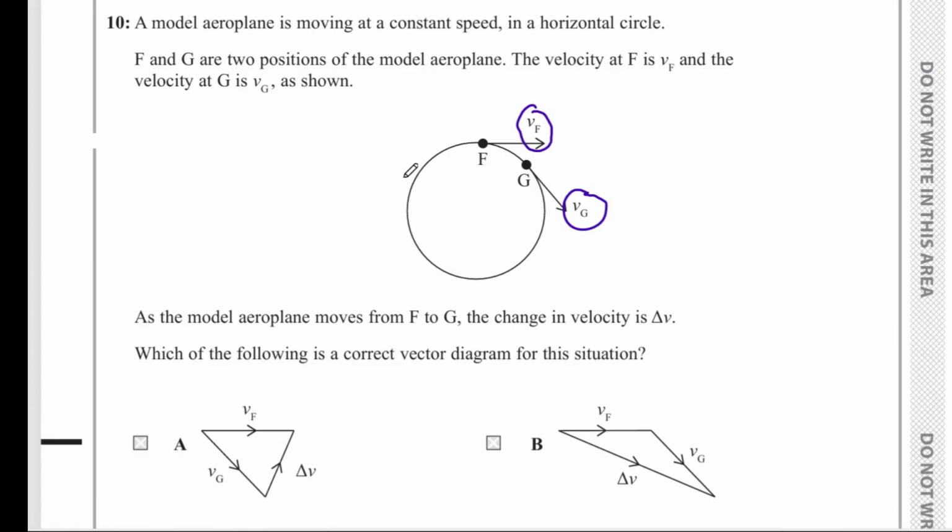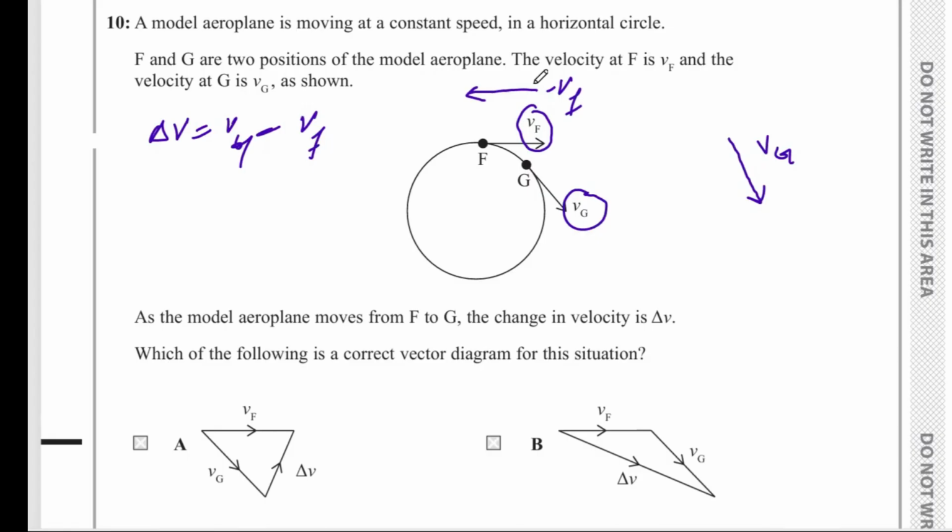If you're looking for delta V, remember that delta V is the resultant of Vg minus Vf. So I'm going to add both these vectors. First of all, I've got Vg, and I'm going to draw Vg something like this. And then I've got negative Vf. If positive Vf is over here, the negative Vf would be in the opposite direction.